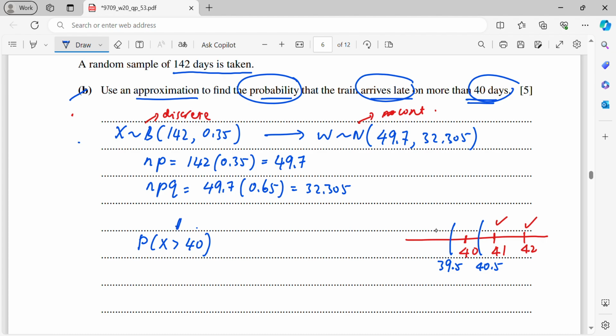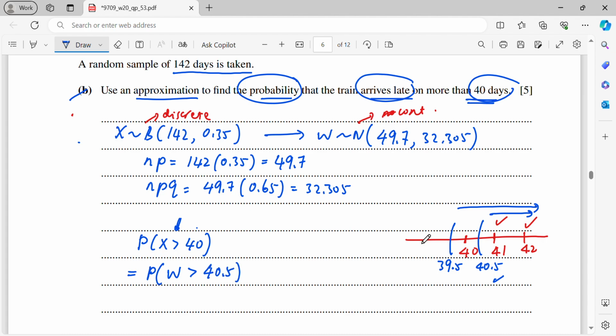But since this is greater than 40, that means you have to consider the direction to the right side, which means from here to include the ticks, you need to consider greater than 40.5. So from here, I will change to another notation, which is the variable W, greater than 40.5.